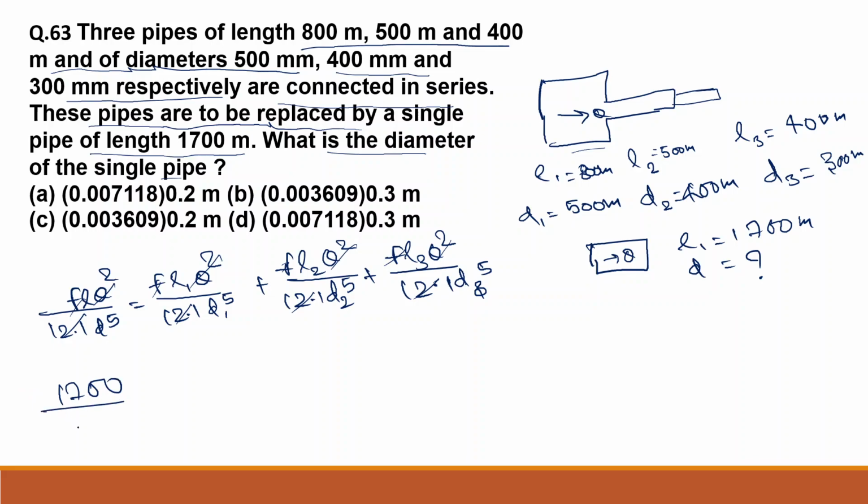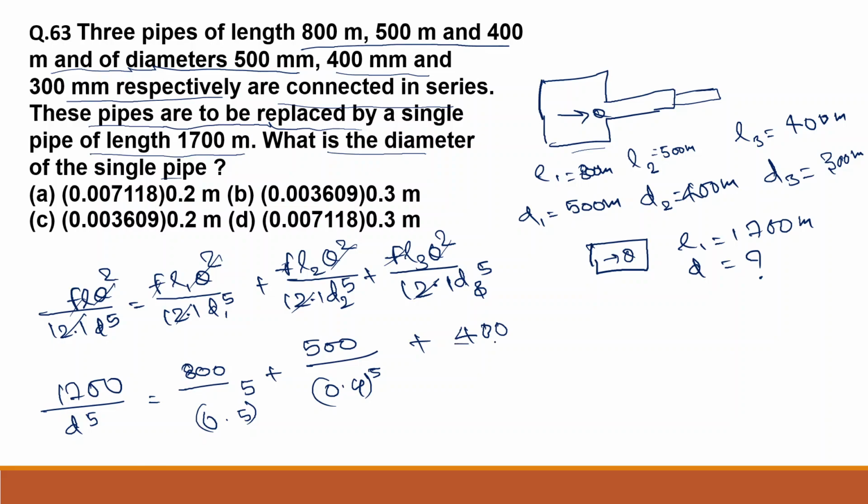L upon d to the power 5 is equal to L1 is 800 meter and the value of d1 is, by converting it into meter, I get 0.5 to the power 5, plus L2 is equal to 500 upon 0.4 to the power 5, plus L3 is equal to 400 upon d3 to the power 5.